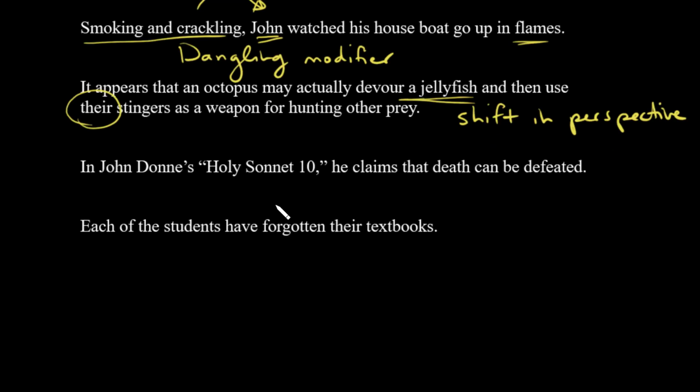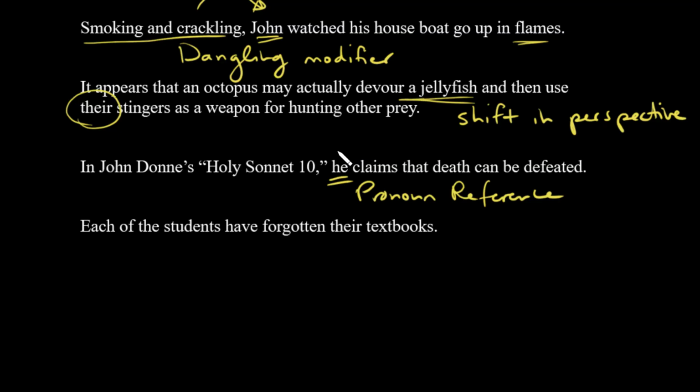And the next sentence here deals with a pronoun reference problem. Pronoun references overlap with shifts in perspective, so they can be a little bit hard to distinguish. The last 2 then, as I've mentioned, this one is a problem with pronoun reference. And here we have this pronoun he. Okay. And pronouns often have to refer back to something that came before. The pronoun has to have some kind of antecedent or some kind of word that came before that it refers back to.